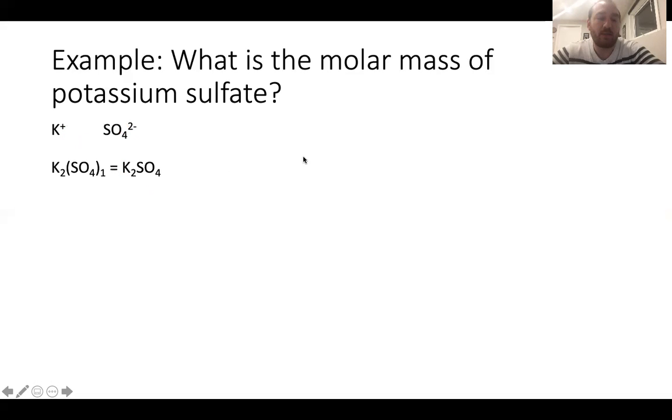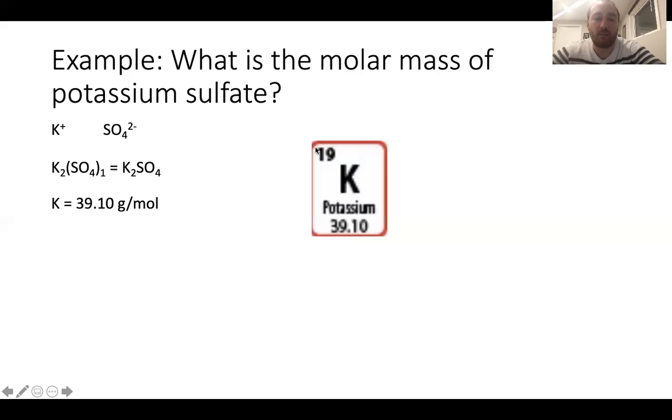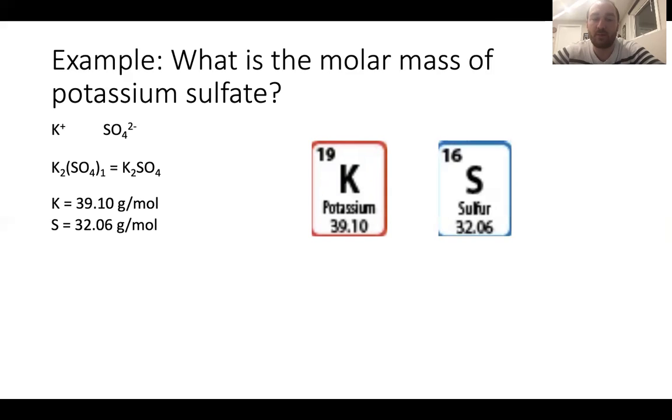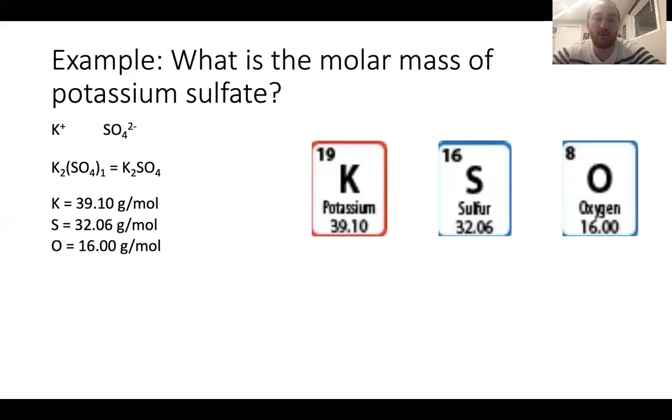So now the next step is to calculate the molar mass of each element. So we can see from the periodic table, the molar mass of potassium is 39.1 grams per mole, sulfur's molar mass is 32.06 grams per mole, and oxygen's molar mass is 16 grams per mole.